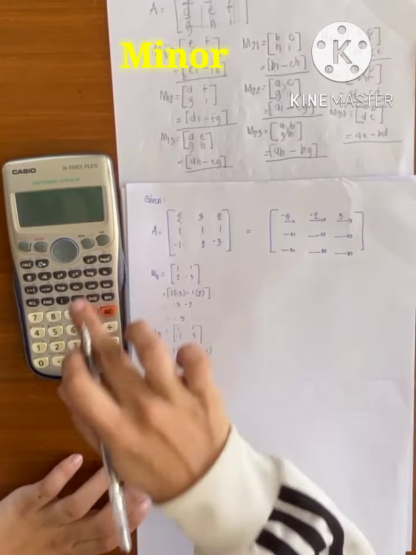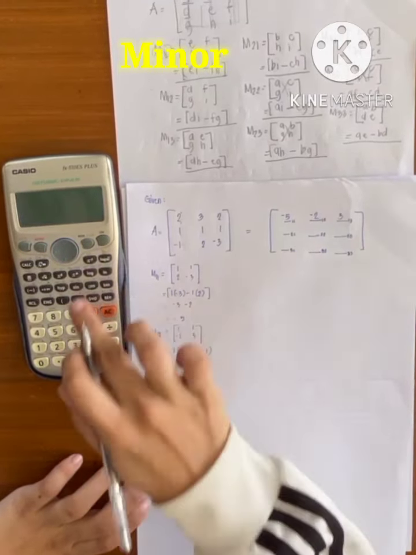Okay, find the minor 2, 1, row 2, column 1. The remaining elements are 3, 2, 2, and negative 3.